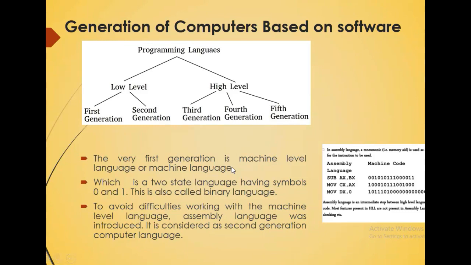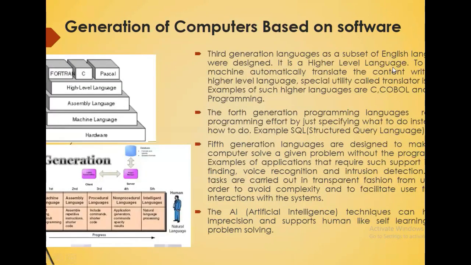Now we are moving to high level language. Now you can see this. This is one brick structure. Here programming languages are there. These are high level languages. So at the bottom, what is there? Hardware.